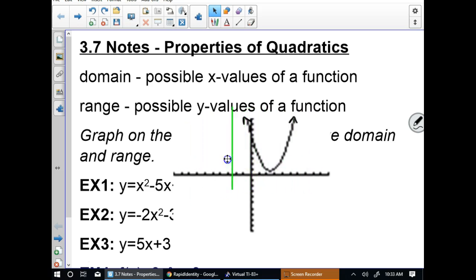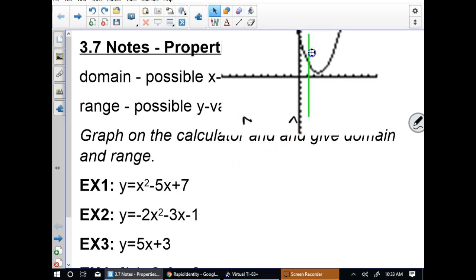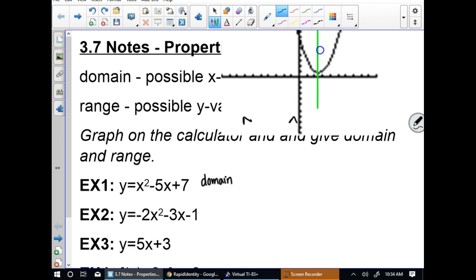Alright, so for our domain for this problem, we can say our domain a couple different ways. Our domain, the one I think you'll see most often is x equals, you might see all real numbers, or it's more likely that you'll see this x equals and this R that has 2 bars.